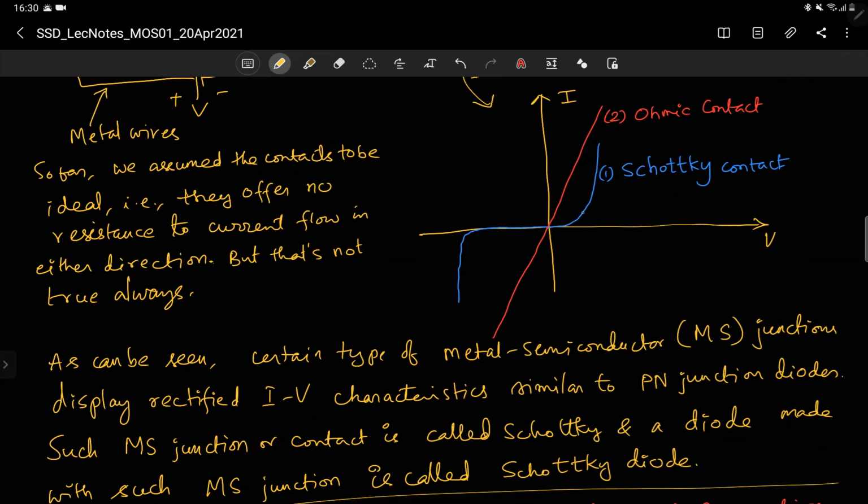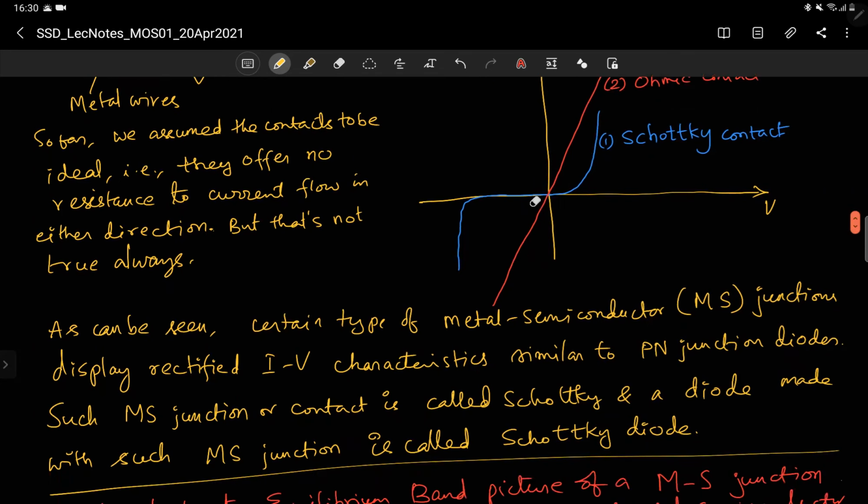Then, if it rises exponentially, will it at some point match the ohmic contact curve and even cross it? No, that is not possible. The ohmic IV characteristic comes from the resistance offered by the N-type semiconductor, so this curve can only merge with it but can never exceed this red line. On the left hand side you see zero current for a very large voltage, and breakdown happens here. So it is almost similar to a PN junction diode.